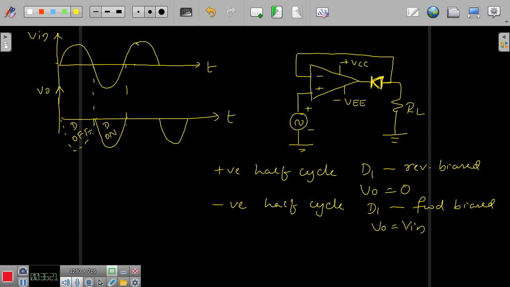This is the simple understanding or simple explanation for the circuit which we have drawn here, or the waveform which we have drawn here. Is that fine? All of you have drawn this?